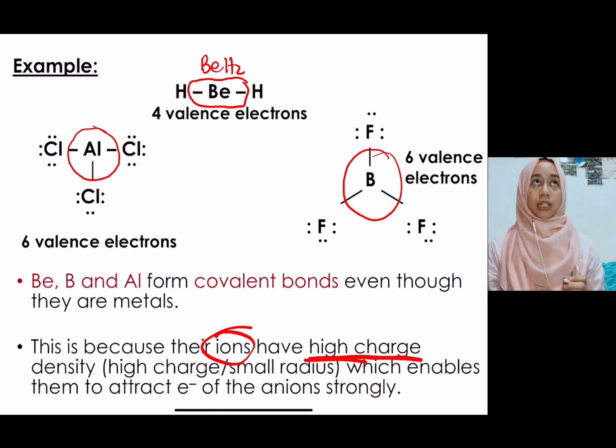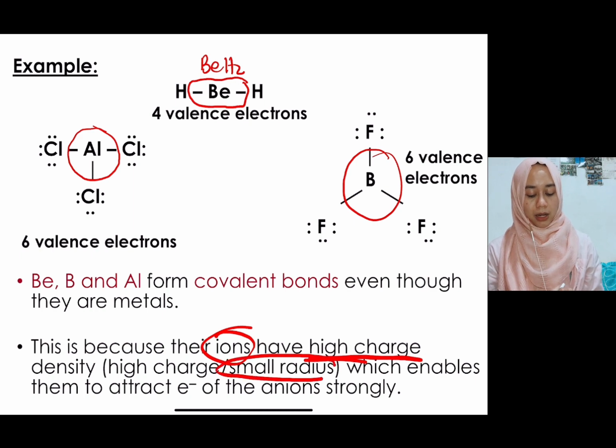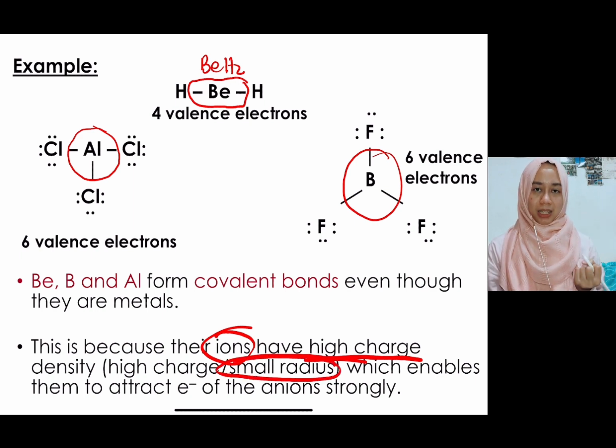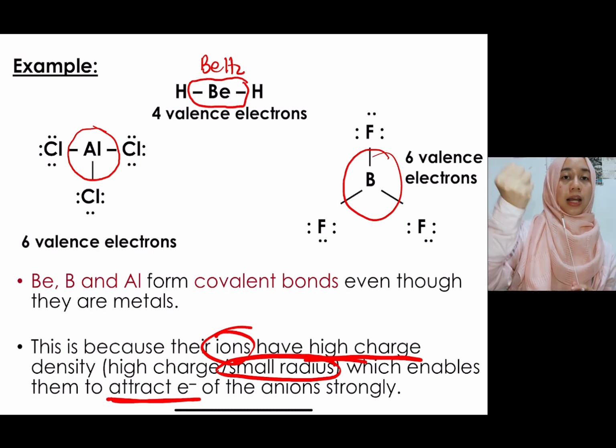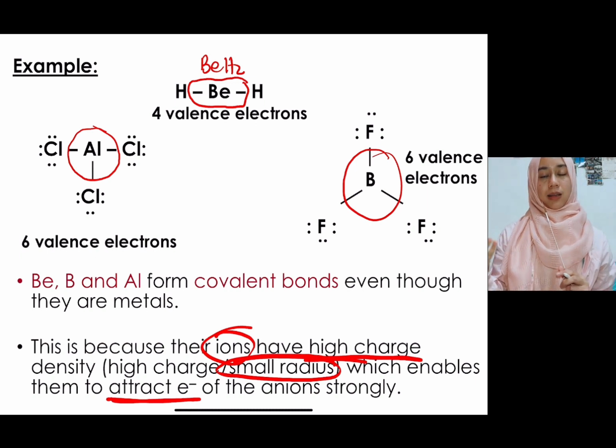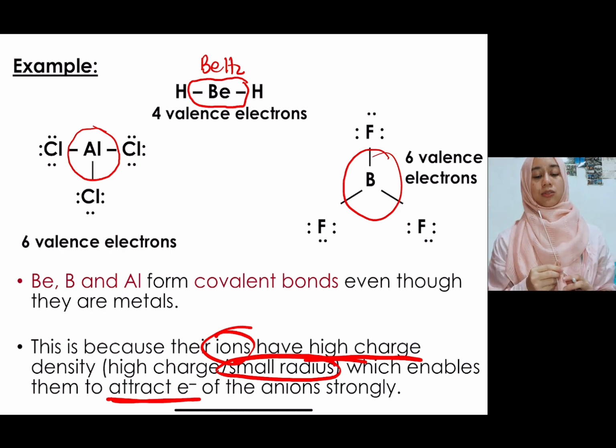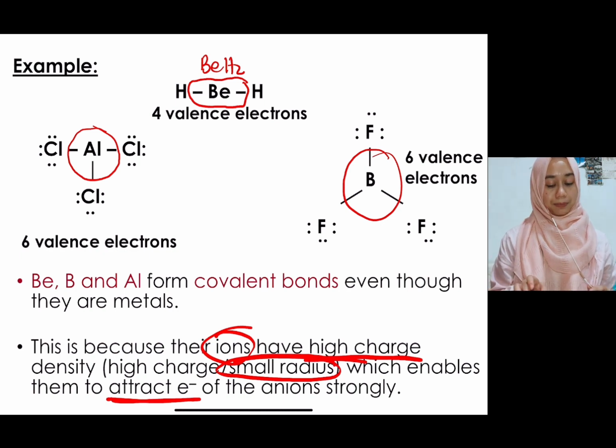High charge means, like Al, usually Al3+, it has 3 valence electrons, so its charge is Al3+. So when it has a high charge, it causes its radius to be very small. When it is very small, instead of transferring its electrons, it tends to attract the electrons of the anion. It is easier for it to attract electrons than to donate. So when it attracts, it shares. But this is only the case for the livable.